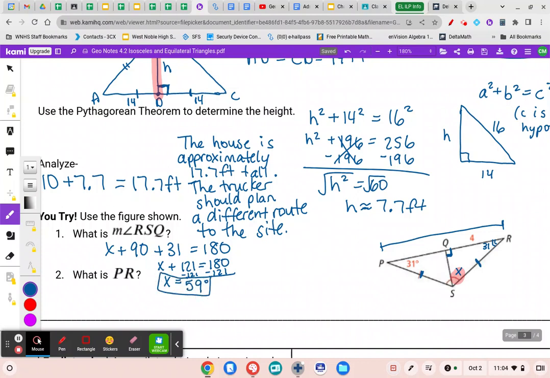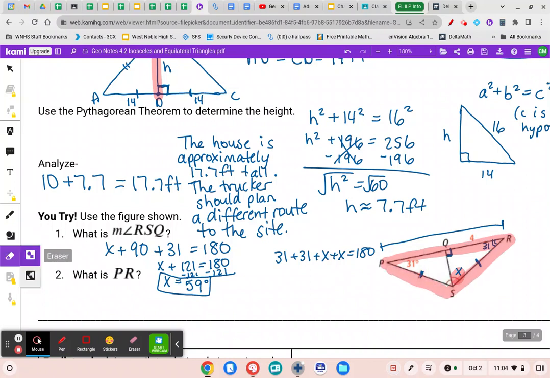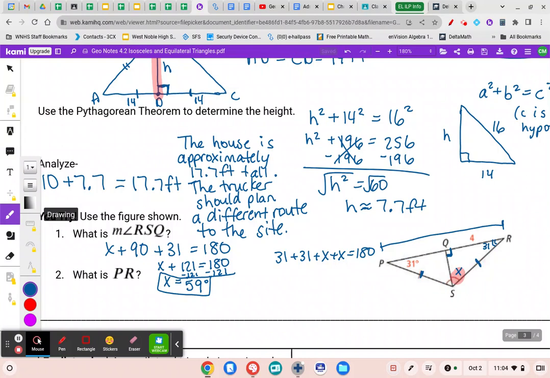Okay, there are other options to solve for this. Totally fine. For instance, I could have taken 31 plus x equals 180. That's if I wanted to look at this whole entire triangle. And we know all the angles equal 180. You solve, you're still going to get the same thing. 59 is x, or the measure of angle, which I should probably write out actually.